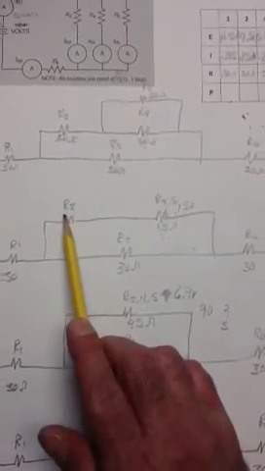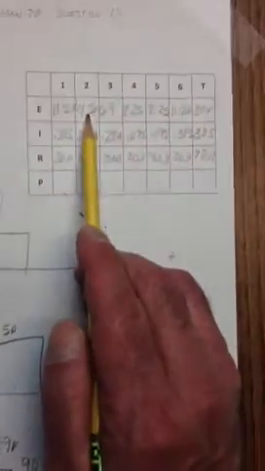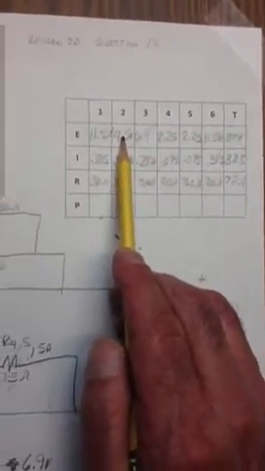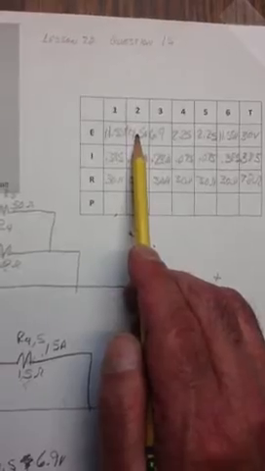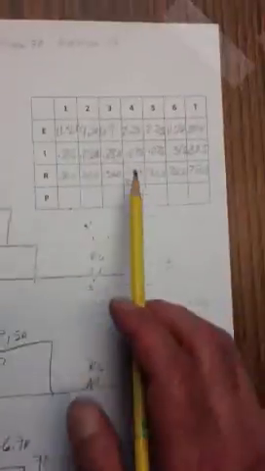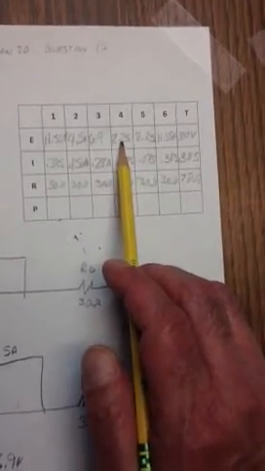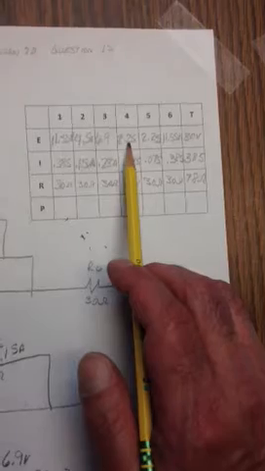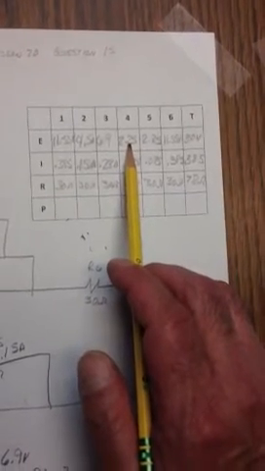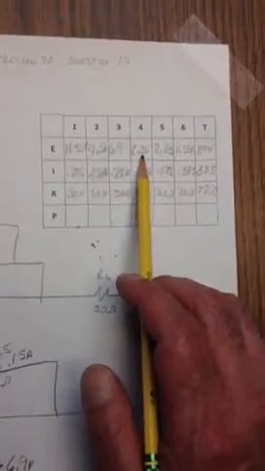So we have R2, which was 4.5, and then we had our R45 voltage at 2.25, so 4.5 plus 2.25 would be 6.75. So once again, just a little bit of a rounding issue, but it's really close.